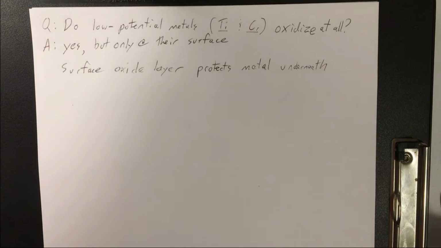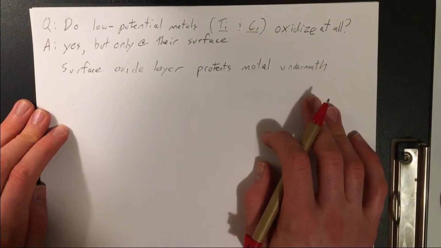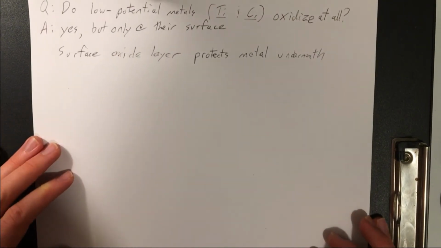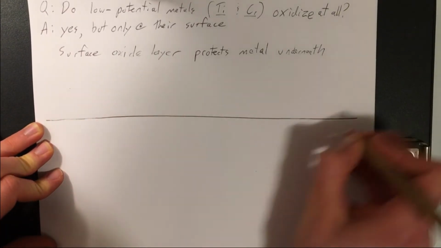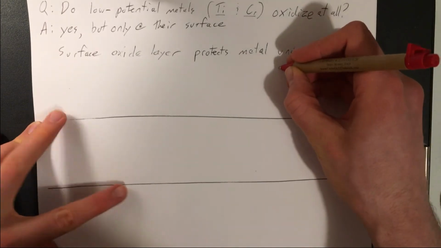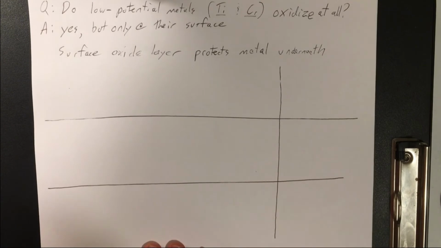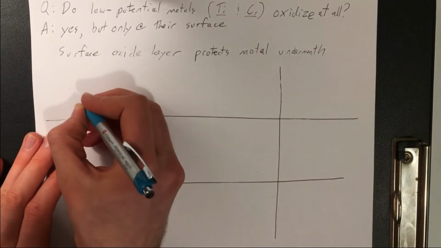So what is the mechanism by which some metals have protective oxide layers and others don't? So in order to explore that, let's make a chart. And let's look at 3 cases. So when we look at these 3 cases, we'll sketch the surface of the metal.